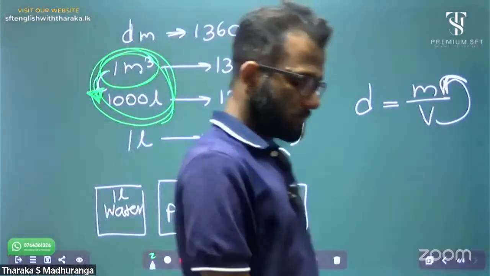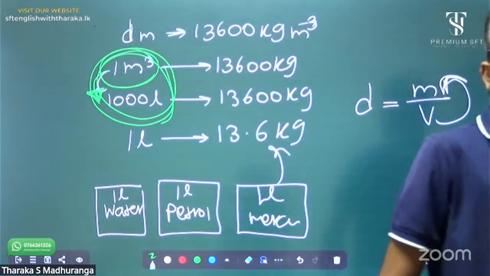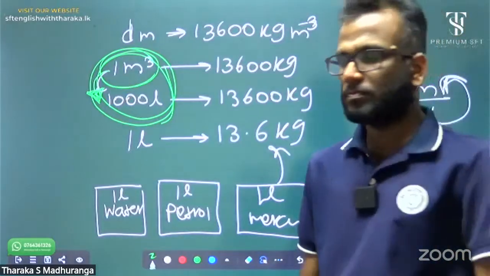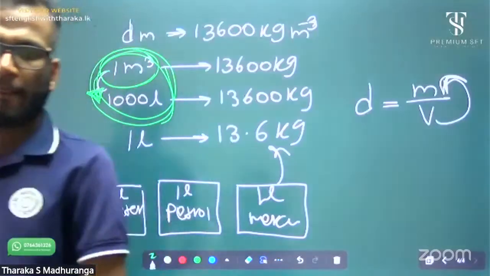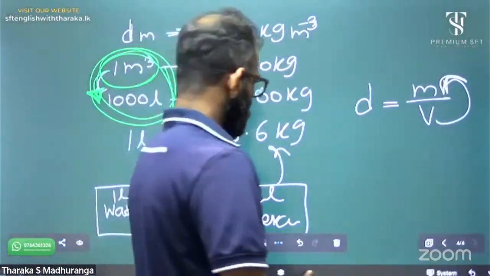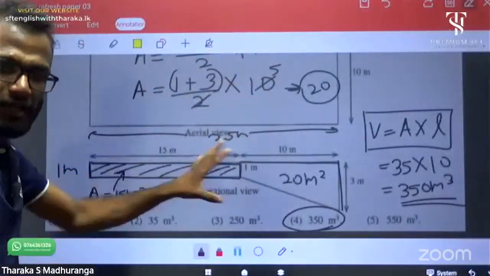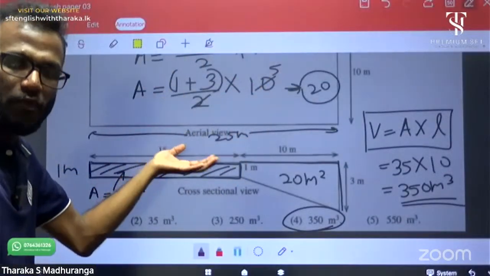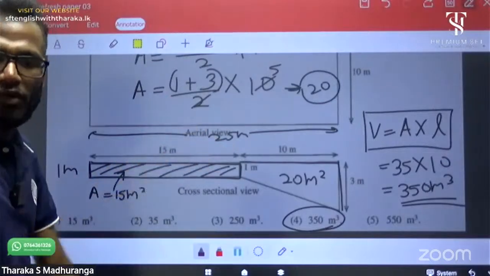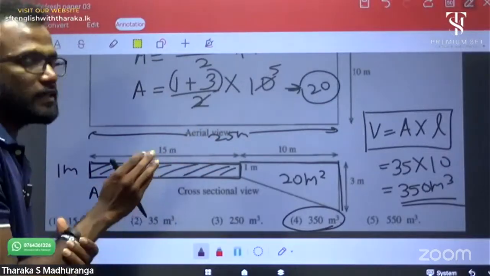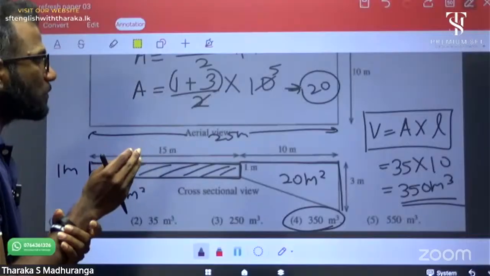Now, okay. My question was to fill this entire tank with water. What is the volume required in liters? The tank's required water amount in liters.